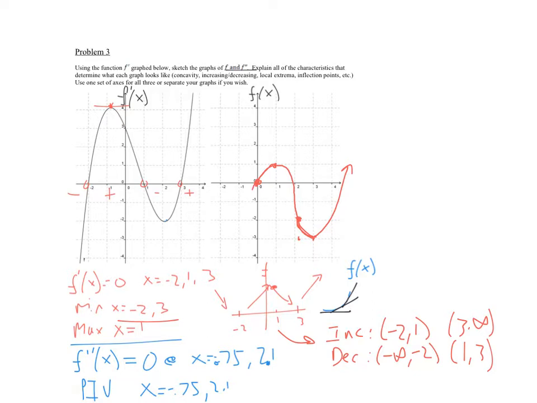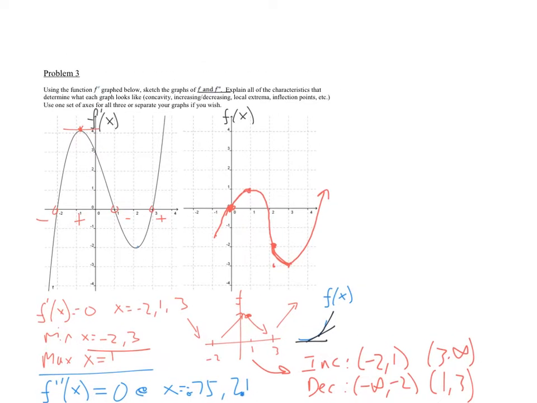We know we have another inflection point somewhere right about here at 0.75. So it's concave down there. And then it's going to be concave up. We have another minimum down here at negative 2 somewhere. So we're going to turn around at negative 2 and head back up.